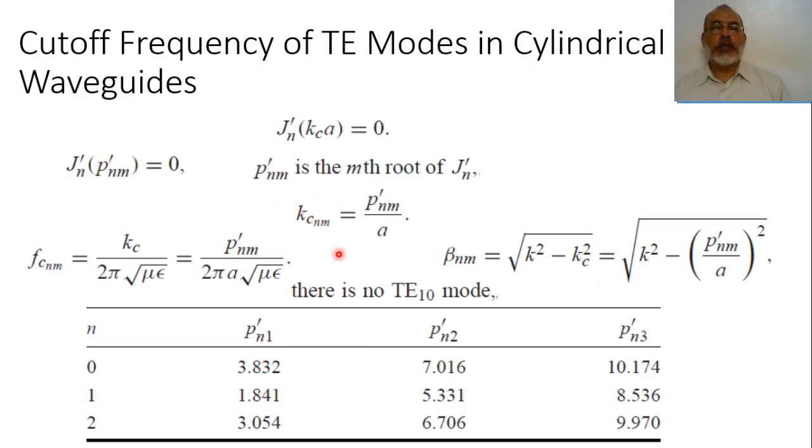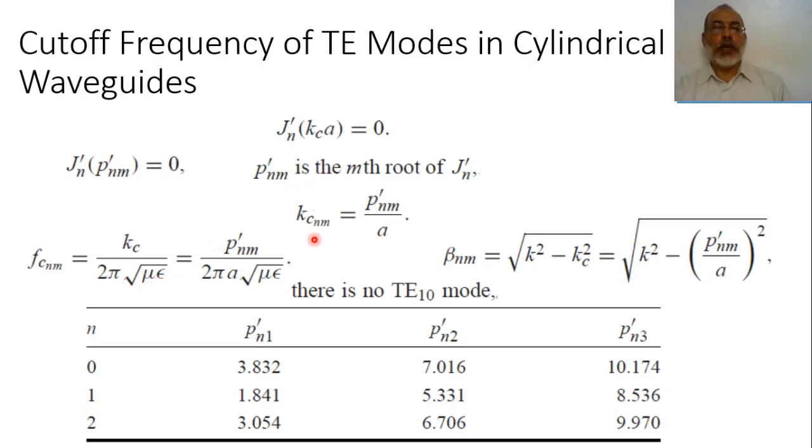By knowing the value of the cutoff wave number for the nm mode, we can obtain the cutoff frequency. The cutoff frequency fc for the mode nm equals the cutoff wave number over 2 pi square root mu epsilon, where mu and epsilon are the parameters or the characteristics of the medium inside the waveguide.